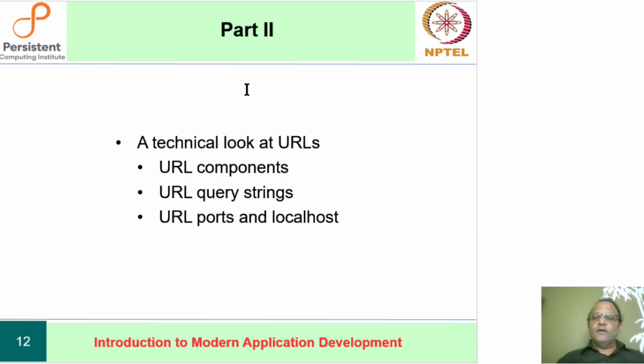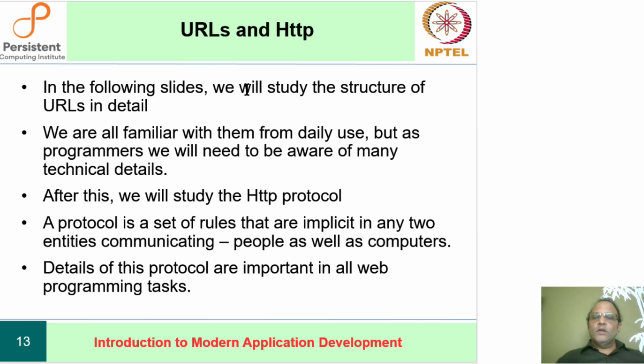In this part, we will take a look at the components of the URL, especially query strings, and other aspects like ports and localhost. These are details that will start mattering when we start thinking of URLs as a kind of interface to a web application.